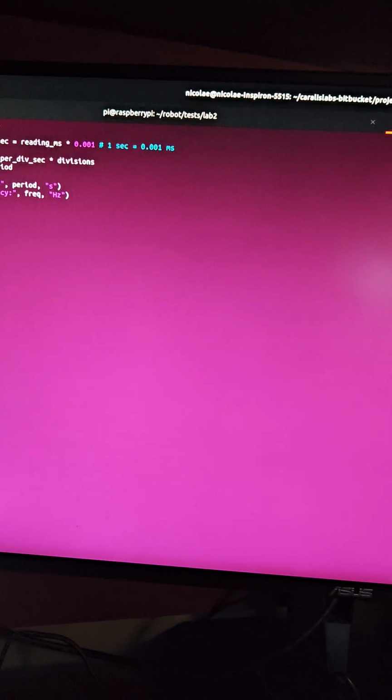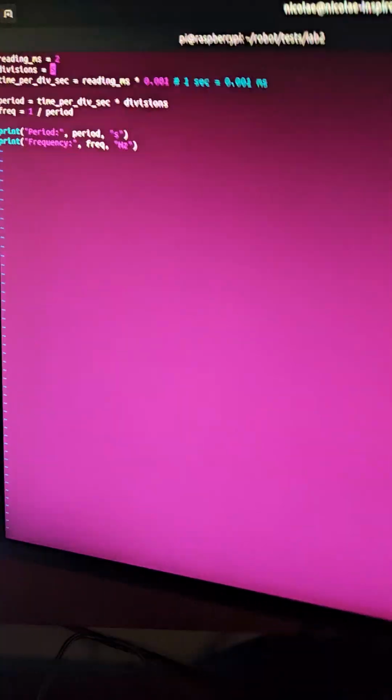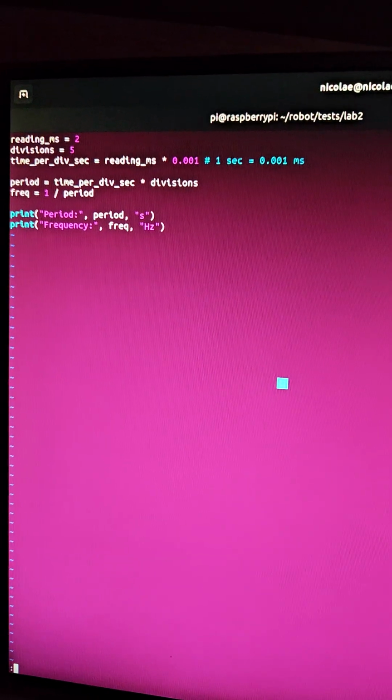So the readings is 2 milliseconds, number of divisions 5, and let's save it and run it.